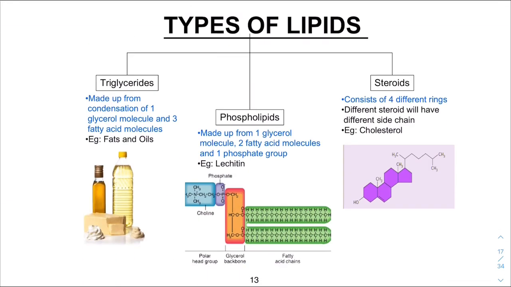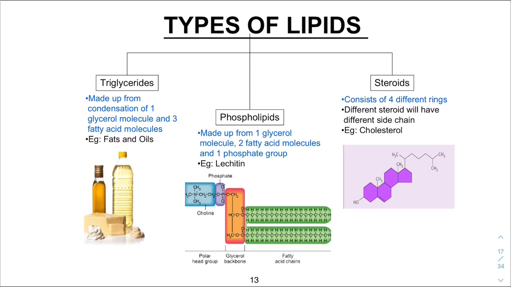Types of lipid, the first one yang kita akan tengok ialah triglyceride. Triglyceride is made up from condensation of one glycerol molecule and 3 fatty acid molecules. Condensation kita ada cover di subtopic carbohydrates. Ingat balik, it is when molecules are joined by covalent bond and removal of water.